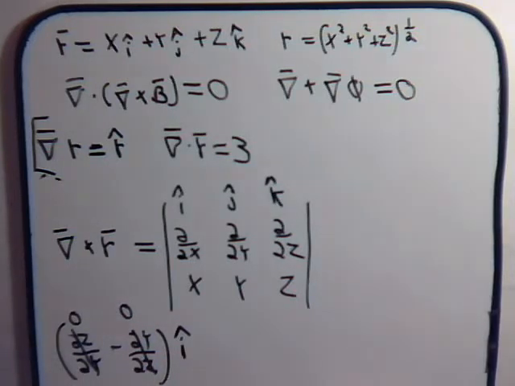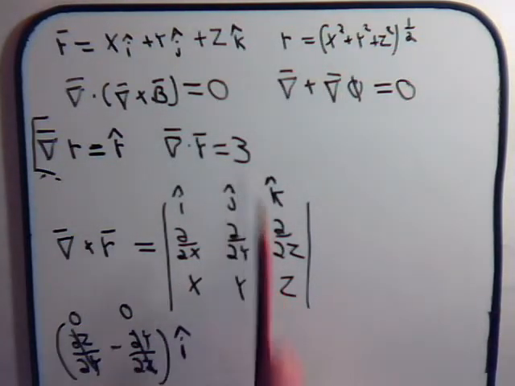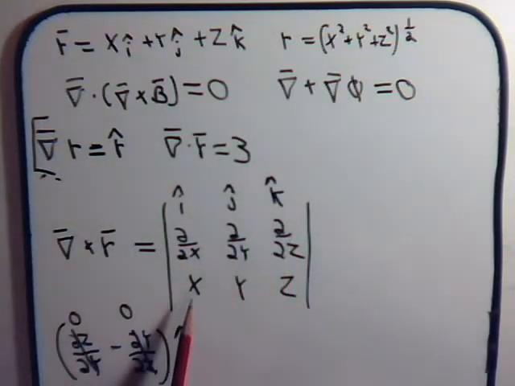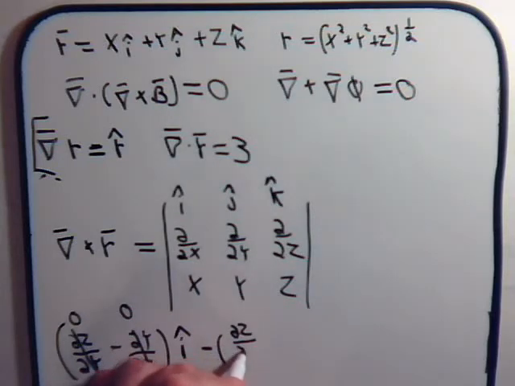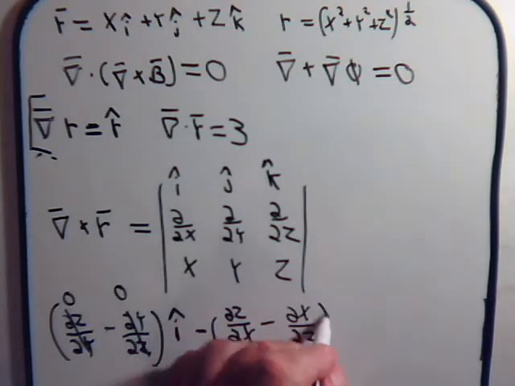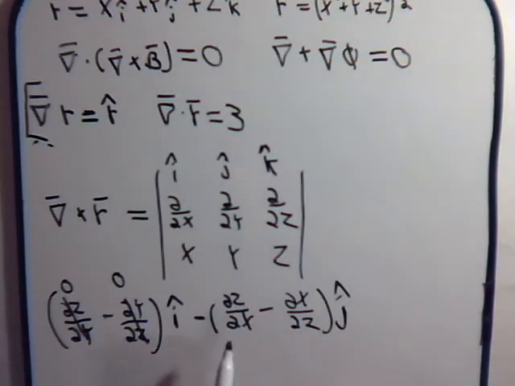Let's look at the other components here. To get the j component, we cover this column up and this row up, and we work with this 2 by 2 matrix, and that will be minus the partial of z with respect to x minus the partial of x with respect to z for our j component, and z does not change with respect to x, nor does x change with respect to z.